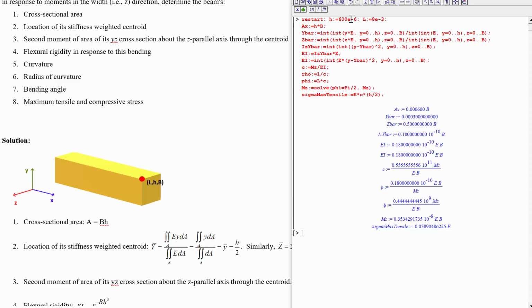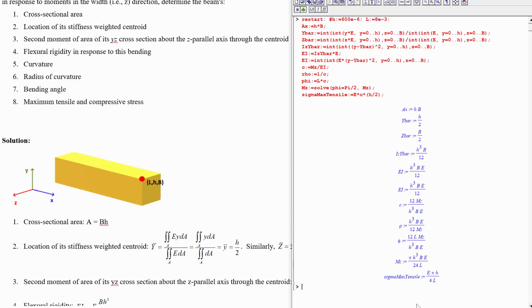So this is not surprising because we found that the stress, before we put in these numbers, is proportional to the thickness. So if you take the thickness up by a factor of 100, then you have 100 times as much stress max at the edge. And that means that you're going to need a material that can survive 100 times as much strain for it to be able to deal with that kind of bending.